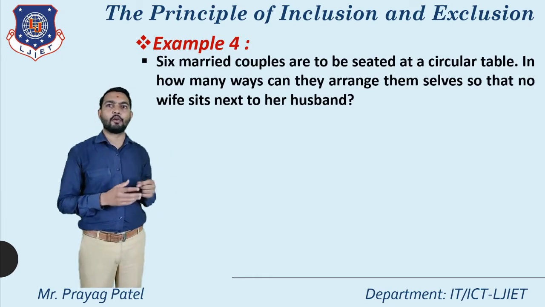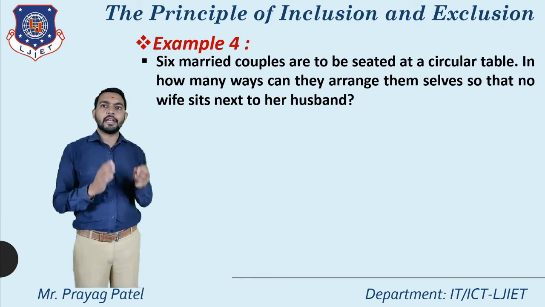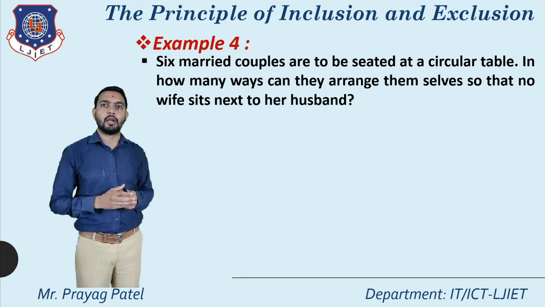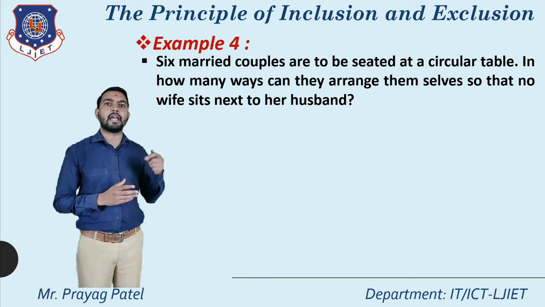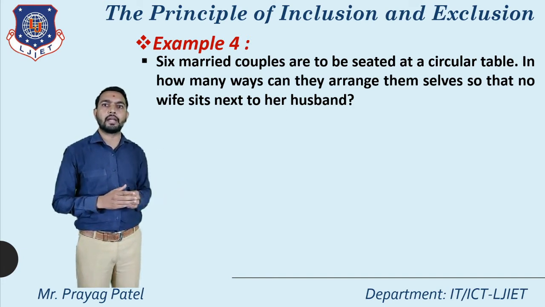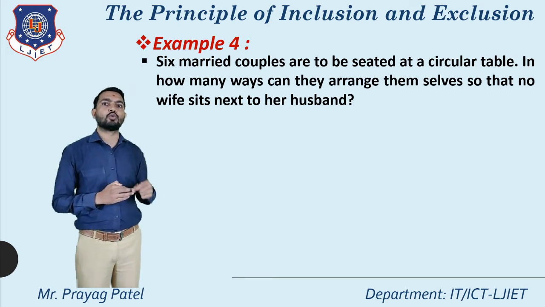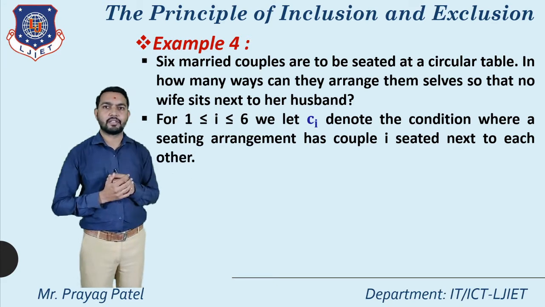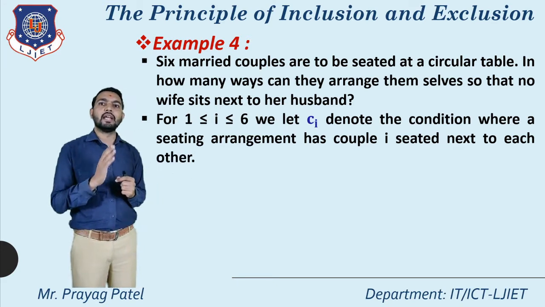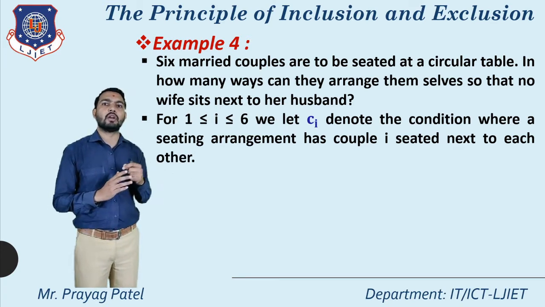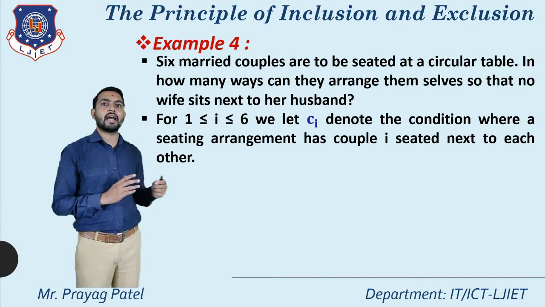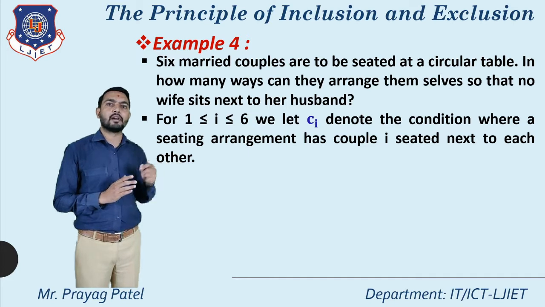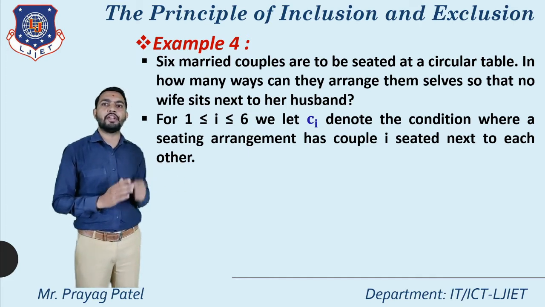Now another example for this: 6 married couples are to be seated at a circular table. In how many ways can they arrange themselves so that no wife sits next to her husband? So how many ways are possible for this condition? For 1 ≤ i ≤ 6, we let Ci denote the condition where a seating arrangement has couple i seated next to each other.